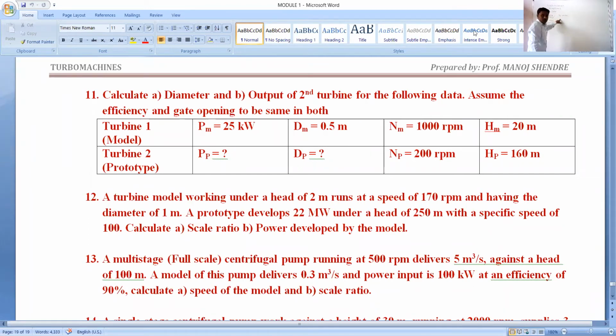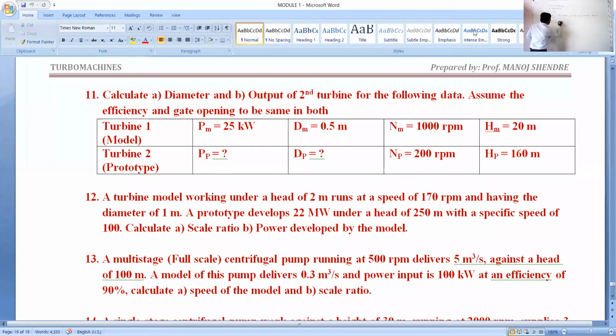The diameter Dm equals 0.5 meters. The speed of the turbine Nm equals 1000 rpm. The head is Hm equals 20 meters.